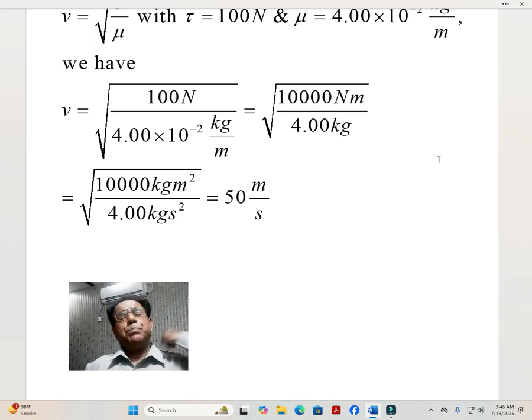In the next step, what we have done, we have converted Newton into its alternate units as kilogram meter per second square. Kilogram meter per second square, 1 meter is already present, so it will become kilogram into meter square.